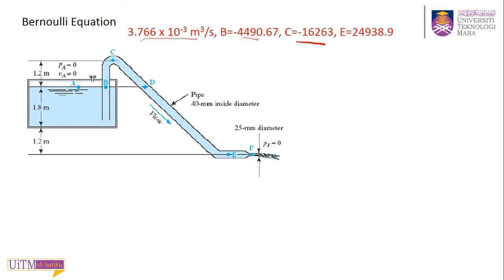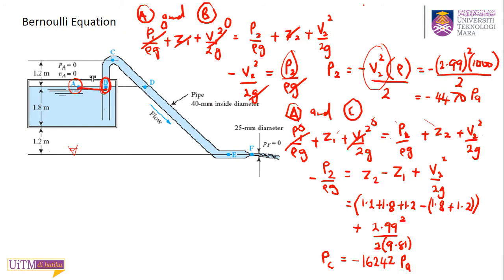It's approximately the same, maybe we take different decimal places for the velocity. So this is your pressure at point C.